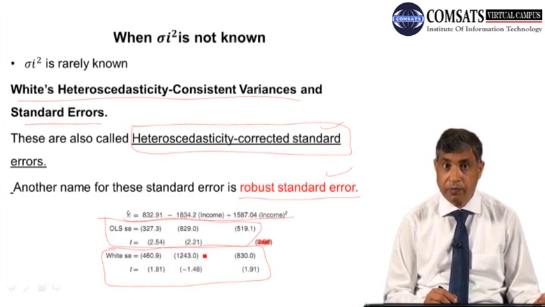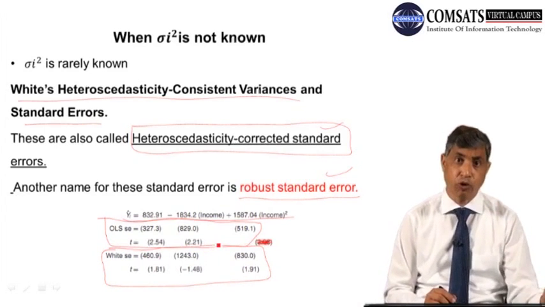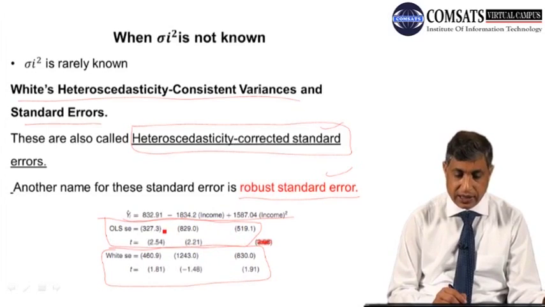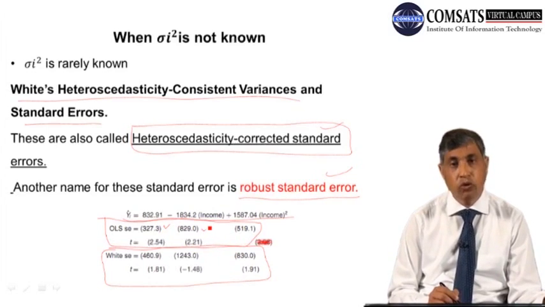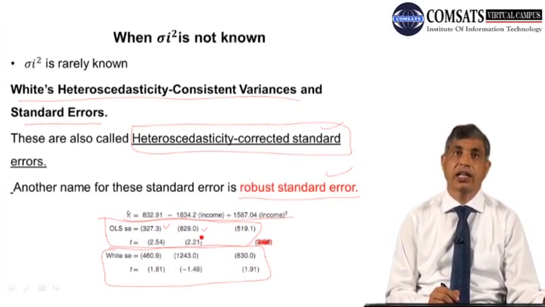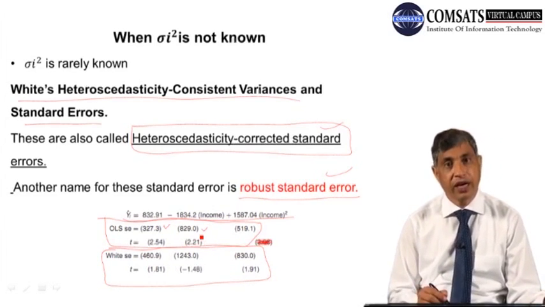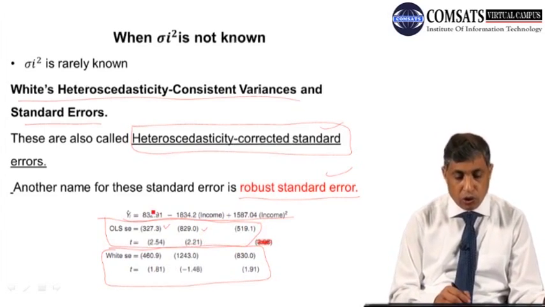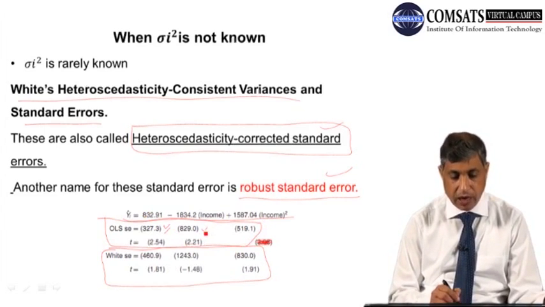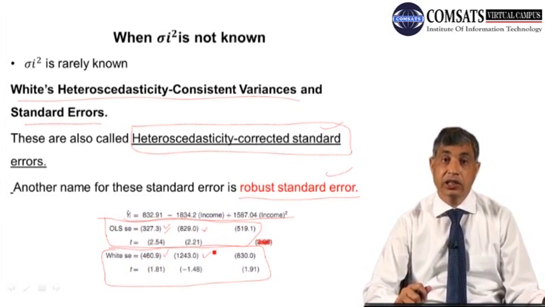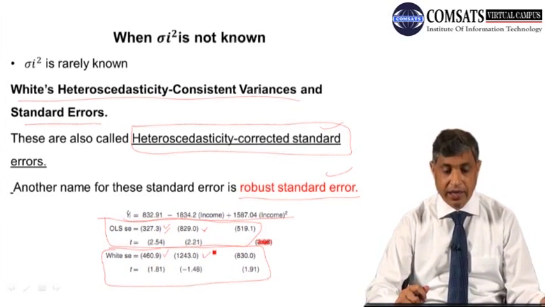And interestingly, this is a very critical point here. If you look at the standard error when you estimated it from OLS and did not correct it for White's, the robust standard error, here the standard errors are very small as compared to here. In the White correction, standard errors become very high.